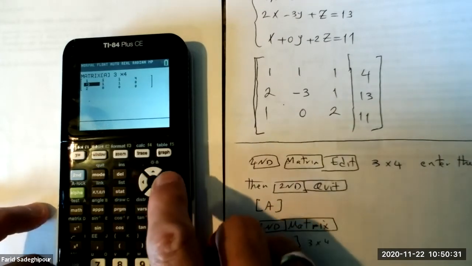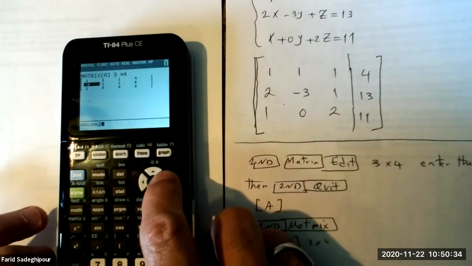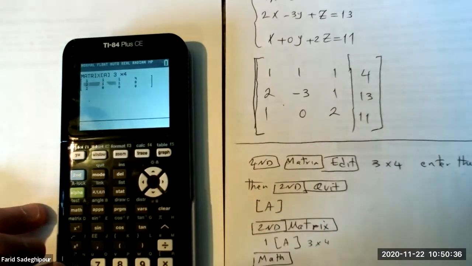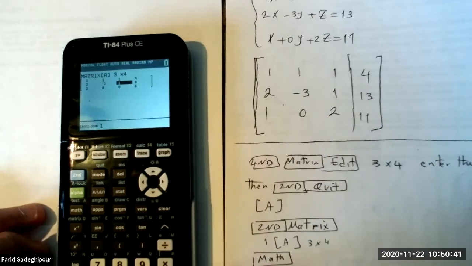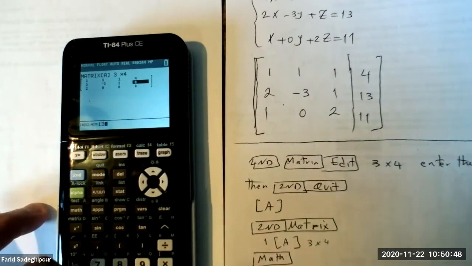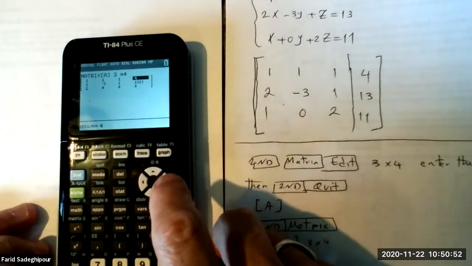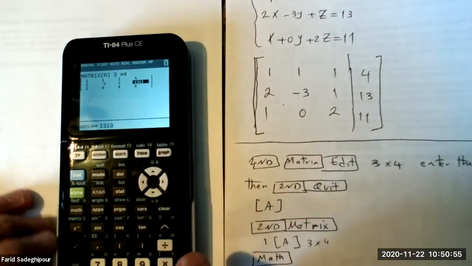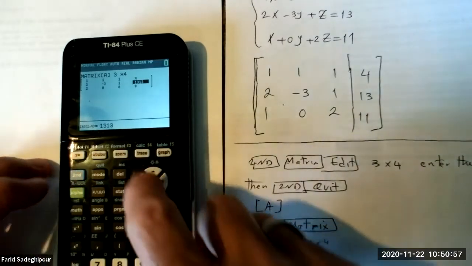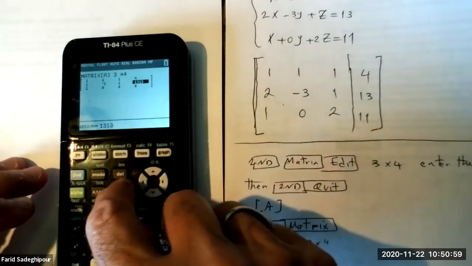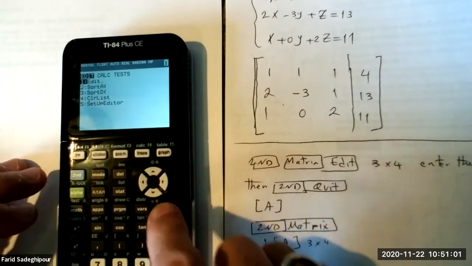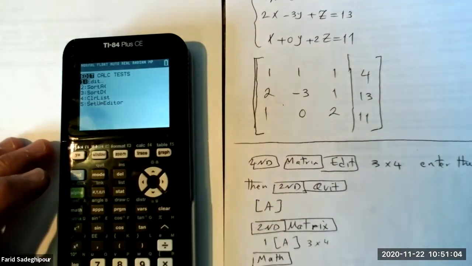That was 2. -3. 1. That was 13. Oops. Sorry about that.